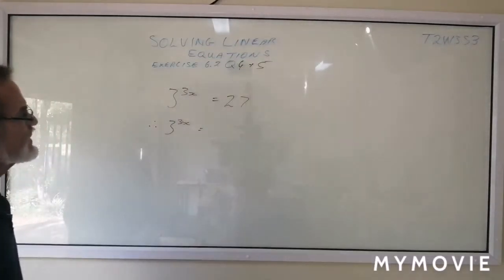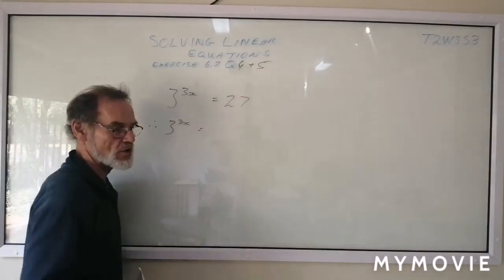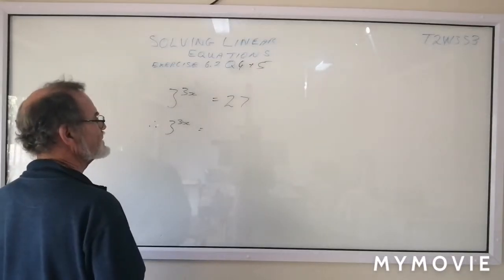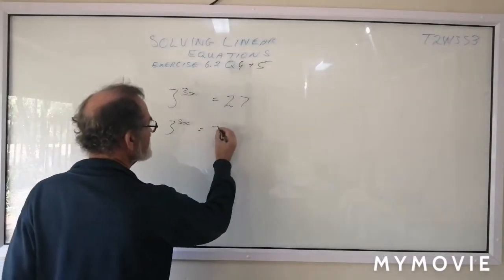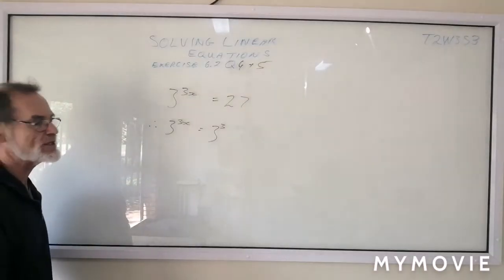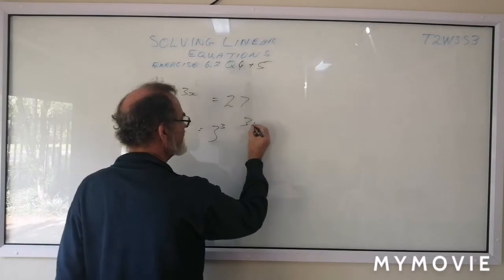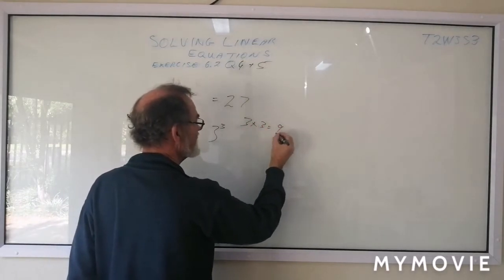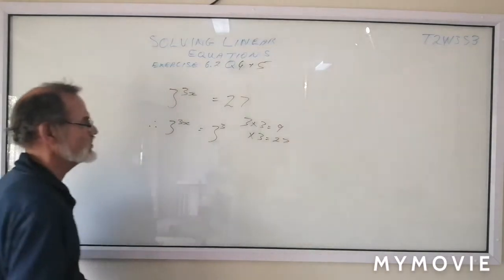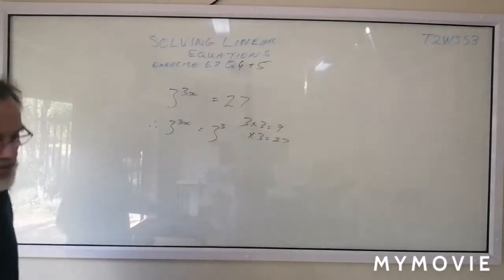How can we write 27 as a power of a prime number? Well, you should know that 27 is 3 to the power of 3. 3 times 3 equals 9, times 3 equals 27. So we write it as 3 to the power of 3.